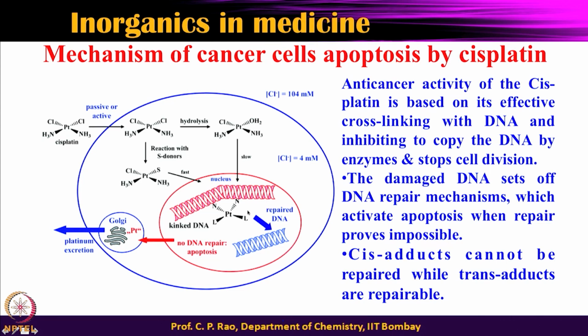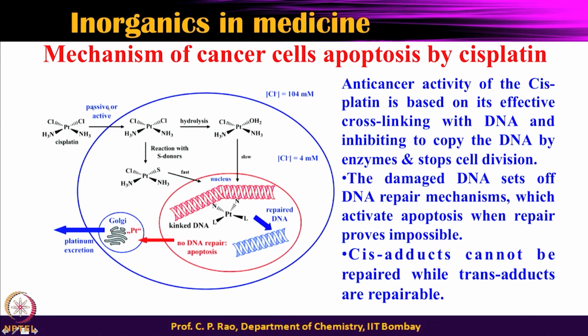Cisplatin-based complexes are not repairable, whereas the transplatin-based DNA complexes are repairable by the system. Therefore, cisplatin acts as an anti-cancer agent, and transplatin does not act as an anti-cancer agent, does not have any use as a drug at all.